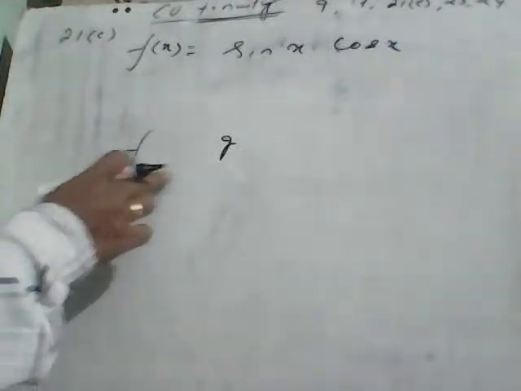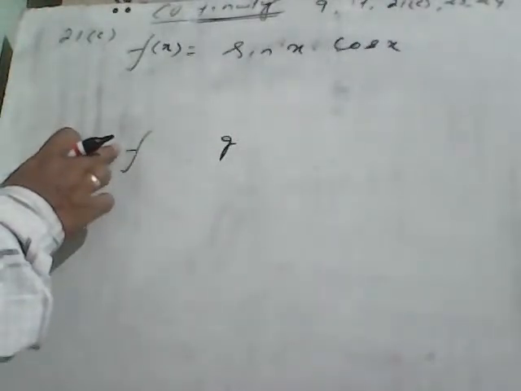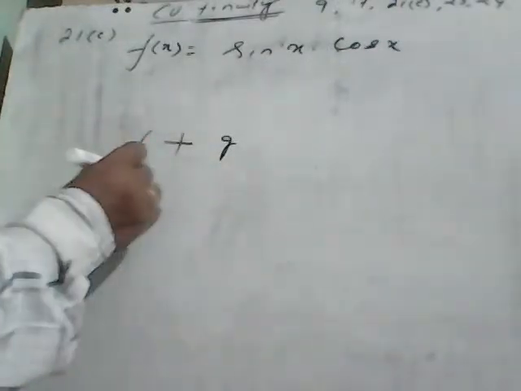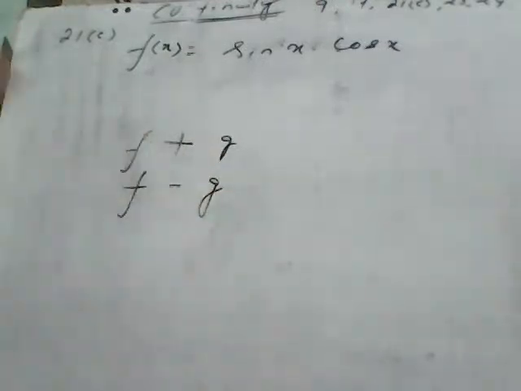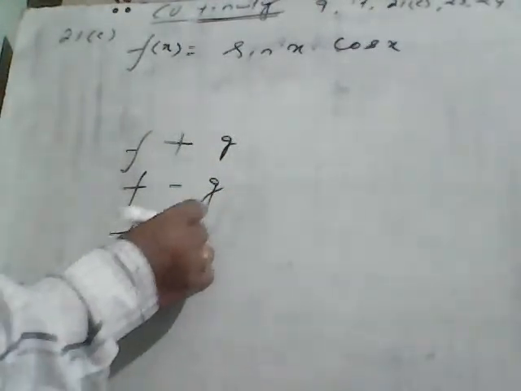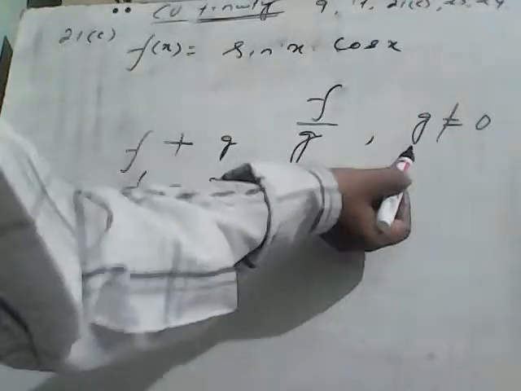If f is a function and g is another function, both are continuous functions in their common domain. f continuous, g continuous, then our property says that the sum f plus g is continuous, f minus g is also continuous, f into g is also continuous, and f by g is continuous provided g is not equal to 0.